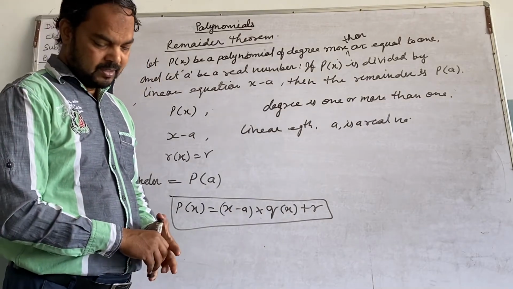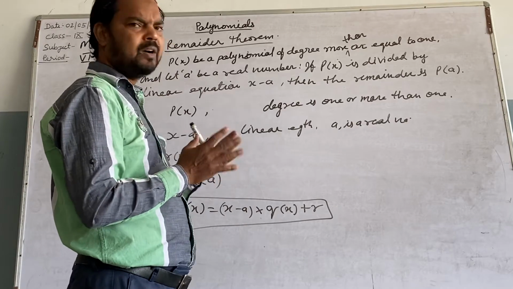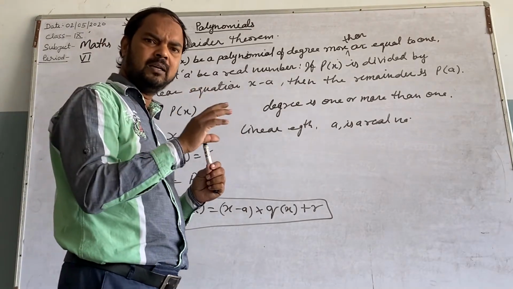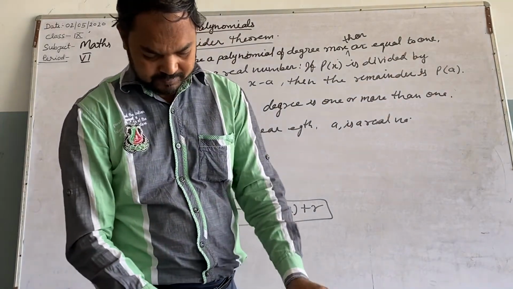Now we are going to use the remainder theorem to find the remainder when a polynomial is divided by another given polynomial. So now let us take an example.